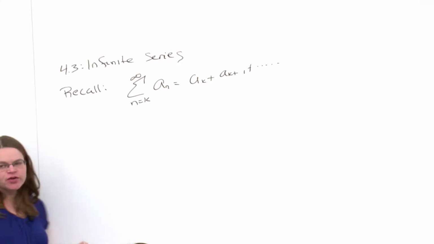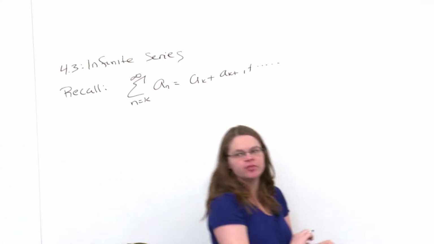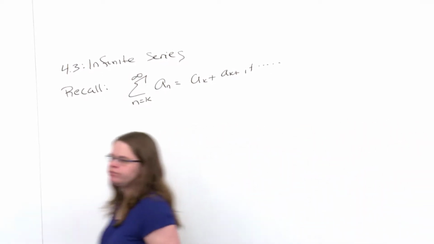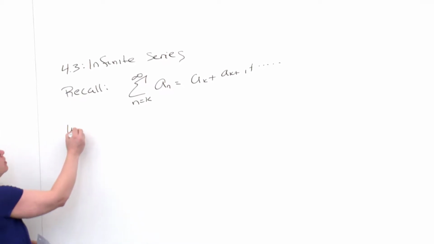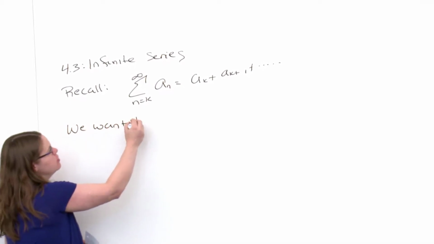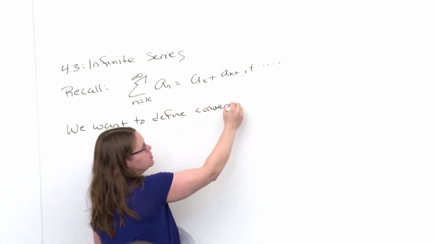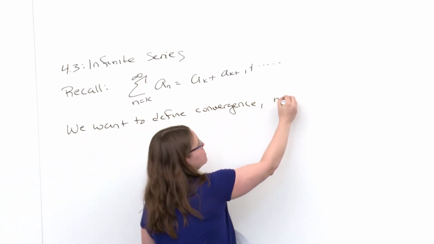So we want to define convergence, and of course we don't want to reinvent the wheel from scratch. We want to use the kinds of concepts that we know about convergence of sequences. So we want to define convergence, but making use of what we know about sequences.